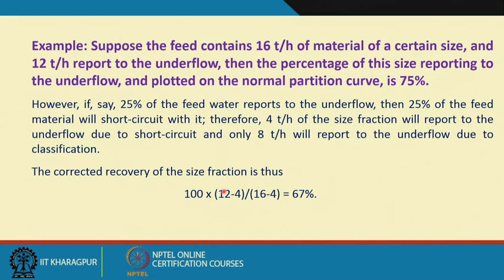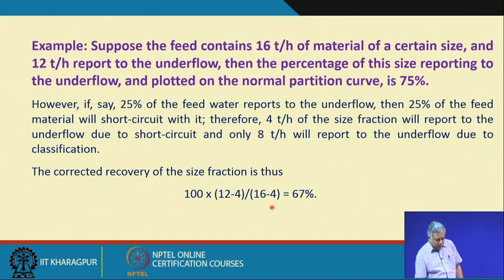So, what is this corrected recovery now? The corrected recovery is 12 minus 4 divided by 16 minus 4, that is, this is 8 and this will become 12. So, this is 2 by 3. So, it is around 66.6%, or if we round up, this becomes 67%.